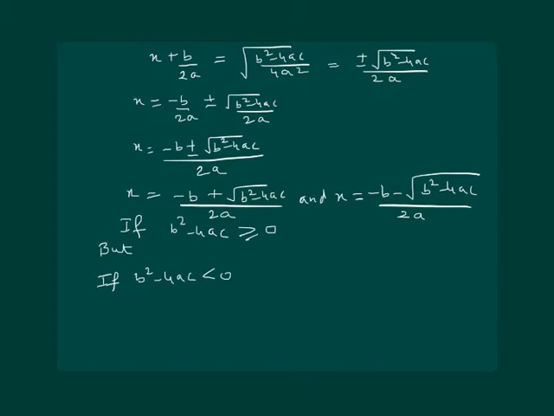But if b square minus 4ac is less than 0, then the quadratic equation ax square plus bx plus c equal to 0 does not have real roots. That means the equation does not have any real number as its roots.